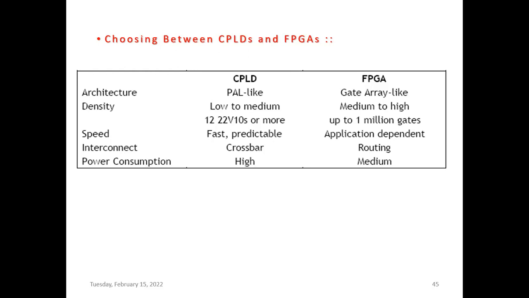Present CPLDs all follow the routing rules, but previously they used crossbar, which is haphazard and does not follow the routing algorithm.